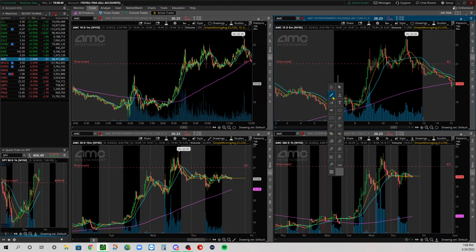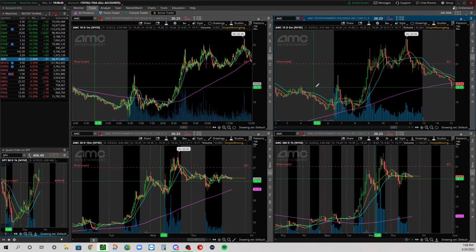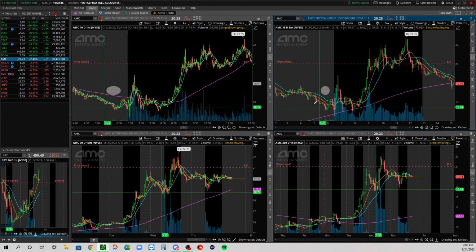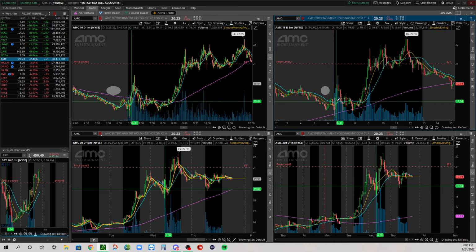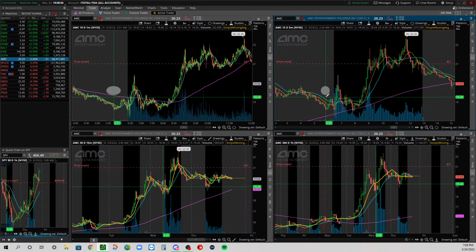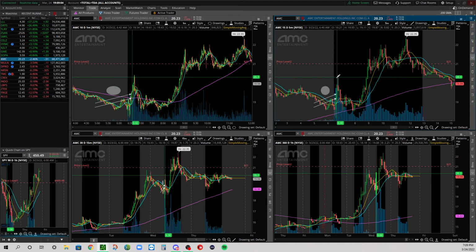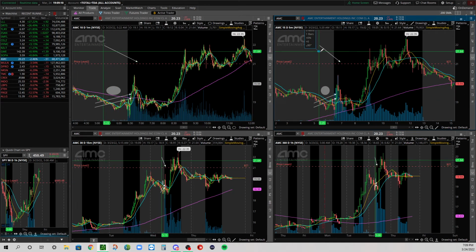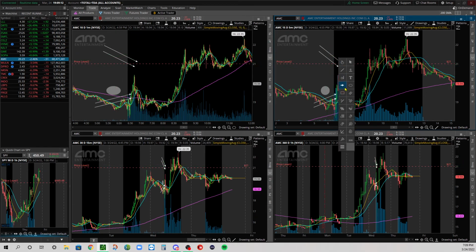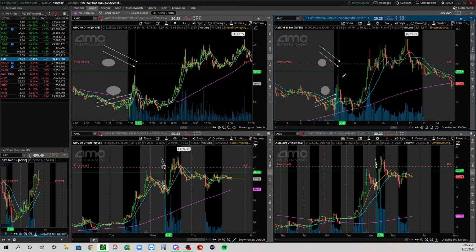The way I use them with the price candle is this: if the price candle is above, like a basket or cup shape, and the 10 is above the 20 in an upward trend, then that to me is bullish. Until it flips the other way, with the 10 on the bottom, the 20 on top, and your price candle down here, then that's bearish to me.